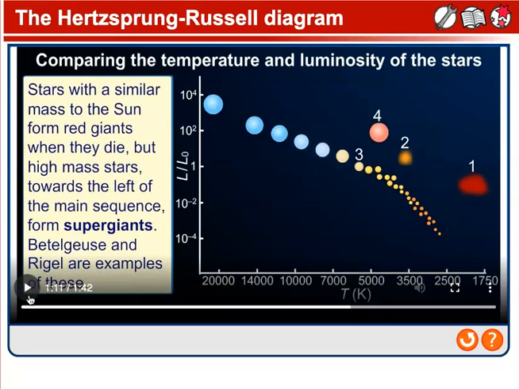Stars with a similar mass to the Sun form red giants when they die, but high mass stars towards the left of the main sequence form supergiants. Betelgeuse and Rigel are examples of these.